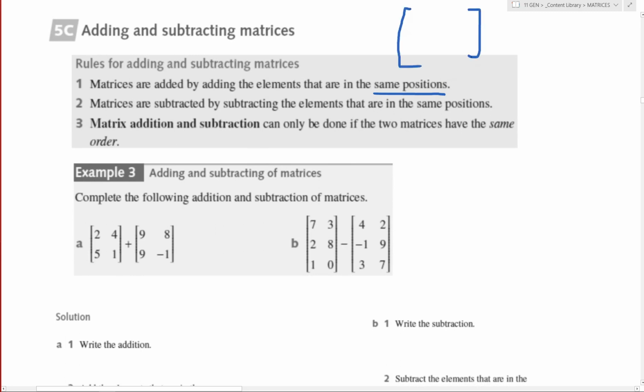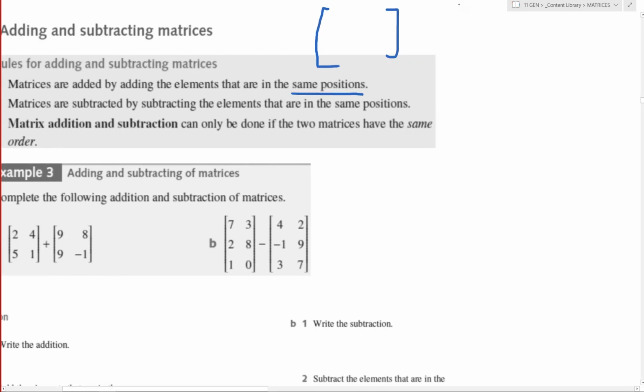So let's say you have these two matrices here. I'll just make a really basic matrix, like a 1, 2, 0, 4. And 5, 3, 1, 8. When you add these matrices, you need to add the ones that are in the same position.